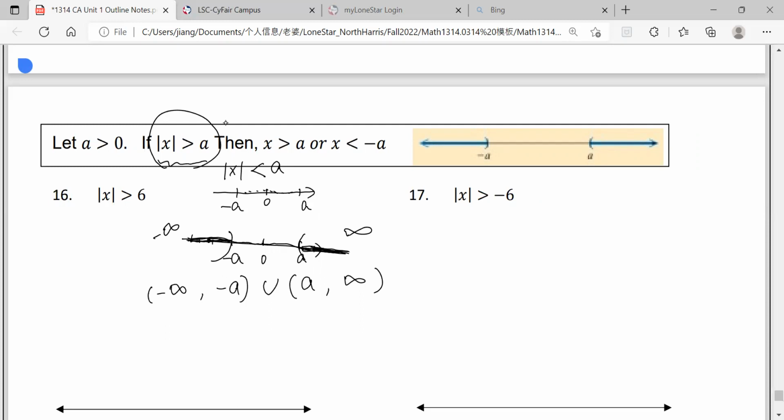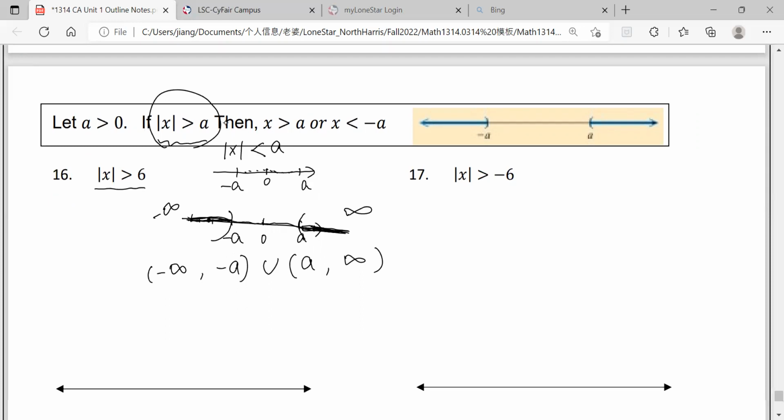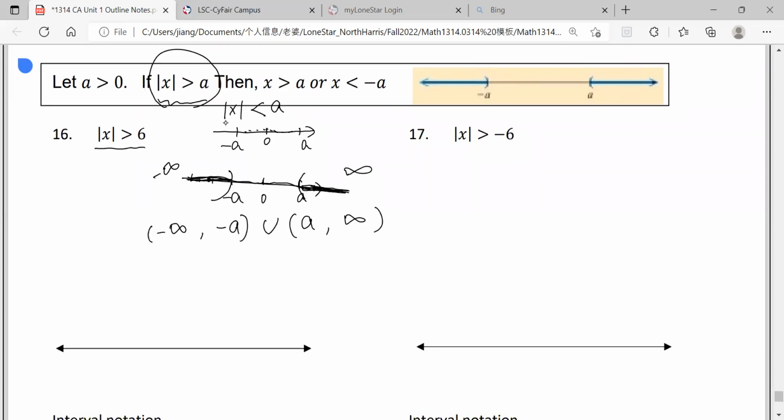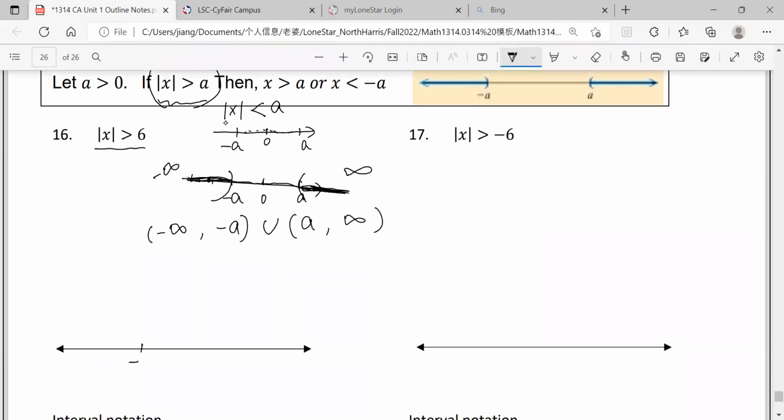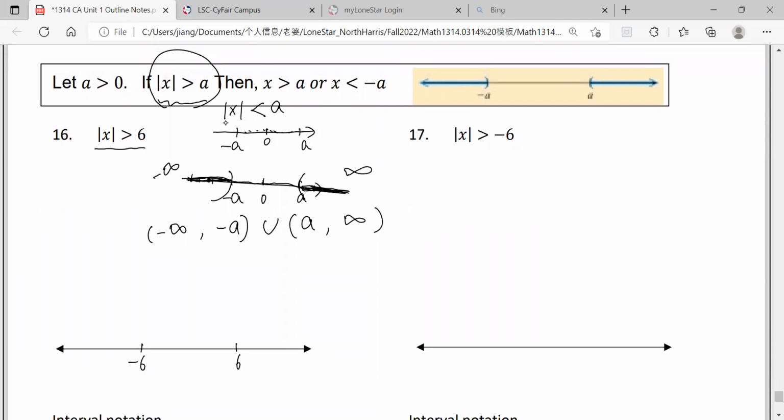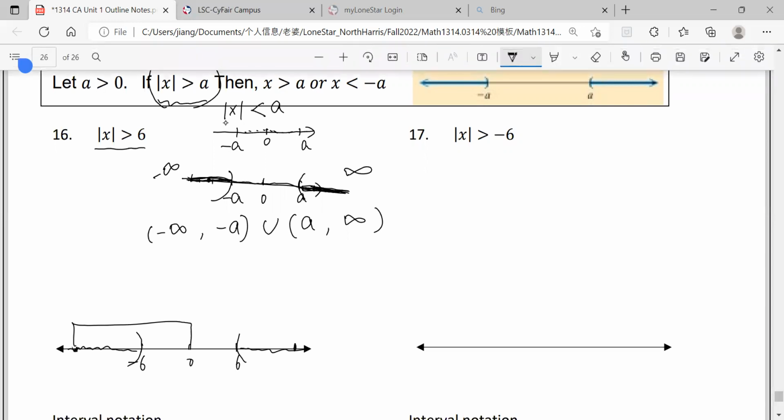For example, if the absolute value of x is greater than 6, that means if I use this number line here, I find -6 and find +6. So x could only be the point here and the point here. Then the distance from here to 0 is greater than 6.